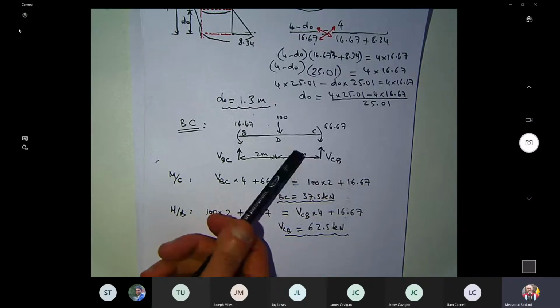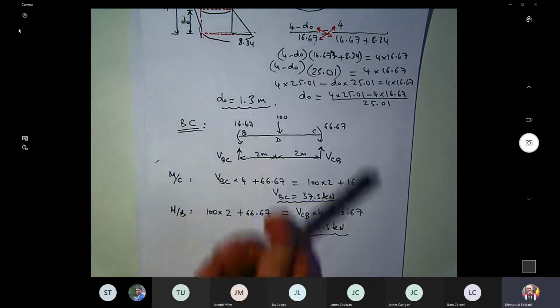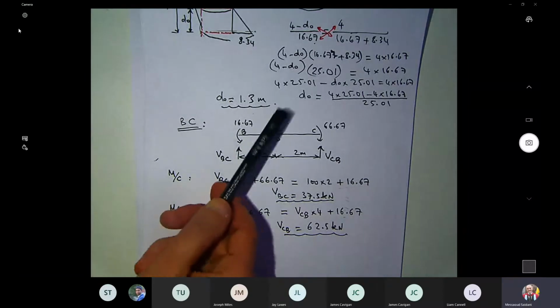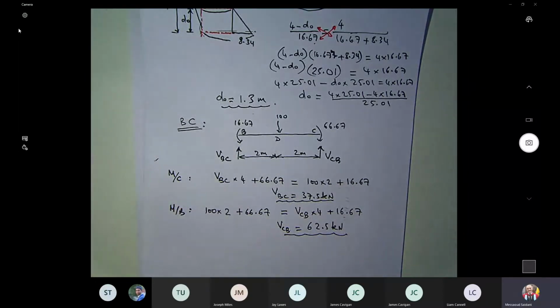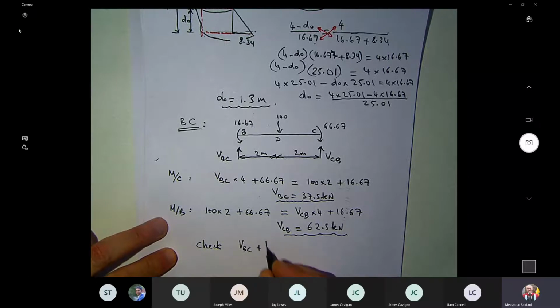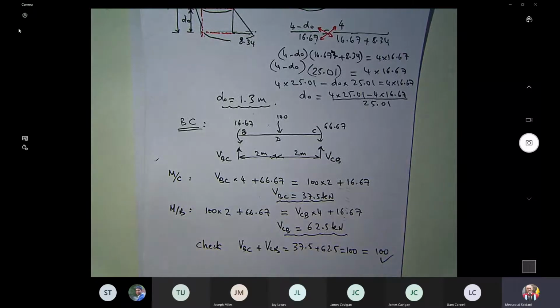Is that what you get as well? How do I know if I'm right? The sum is 100. So always do two moment equations, always, so you can check. VBC plus VCB is 37.5 plus 62.5 equals 100, and that is equal to the 100 applied load, and therefore it's definitely correct.